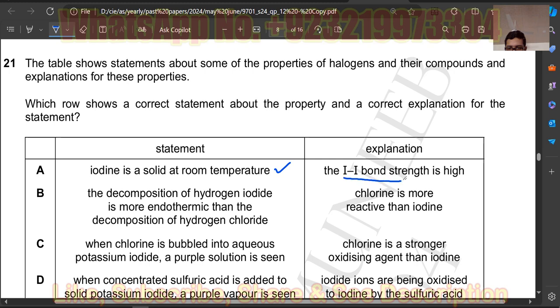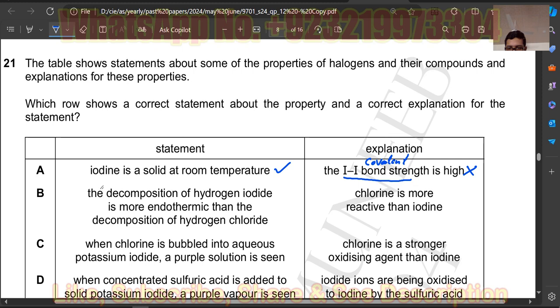The I-I bond strength is related to the covalent bond, and it has nothing to do with the physical state of the molecule. If it had mentioned the intermolecular force or the van der Waals force, then we could say that it is giving the right explanation. So the explanation is incorrect.